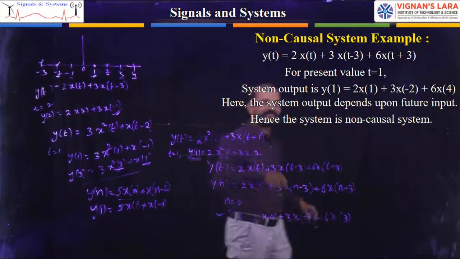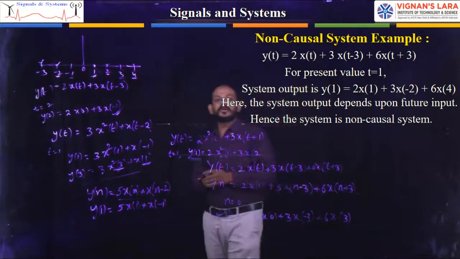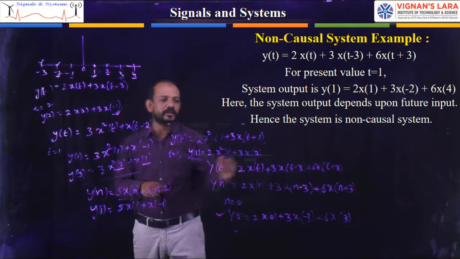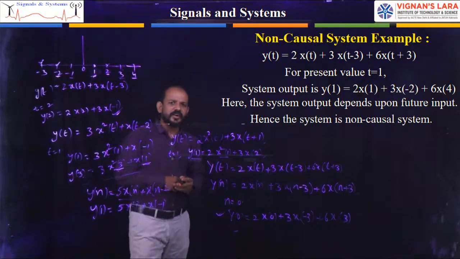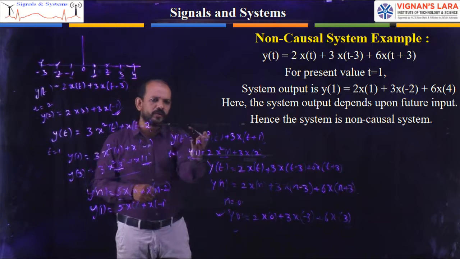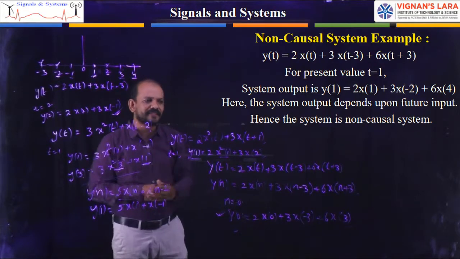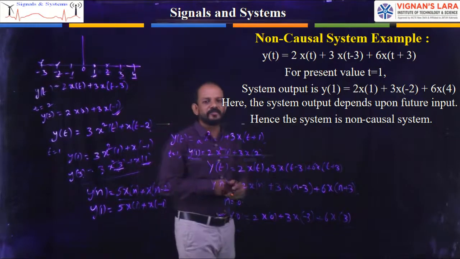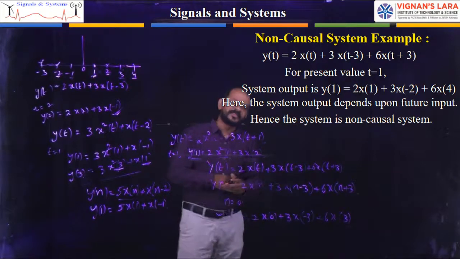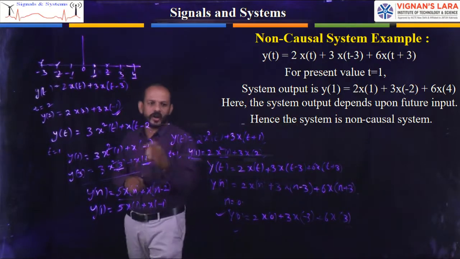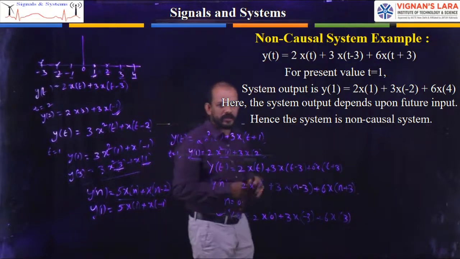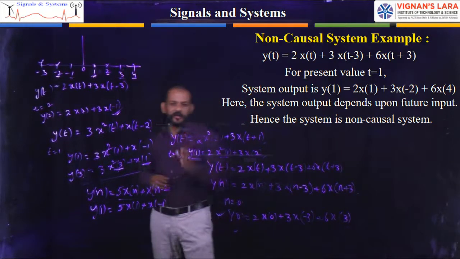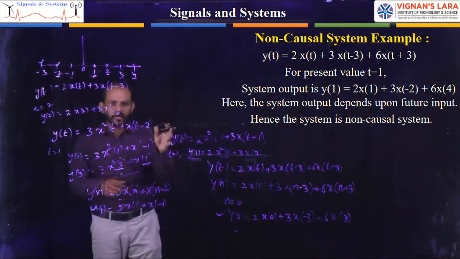Hence we can say this system is a non-causal system. So if you want to represent the same system with respect to discrete, how can I write? y of n equal to 2 into x square of n plus 3 into x of n plus 1. So that discrete system is also an example of a non-causal system. Okay, I hope you are clear with what is a causal and what is a non-causal system.